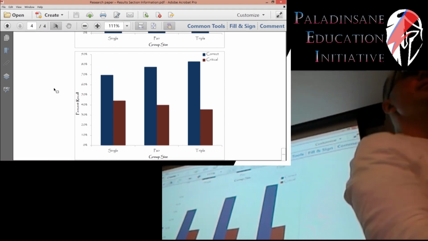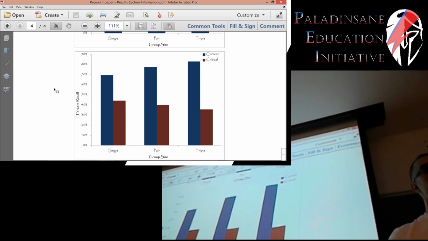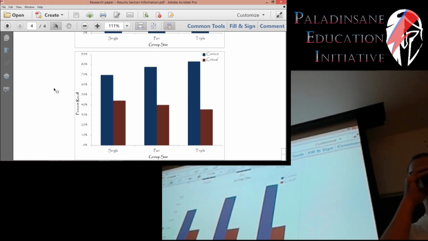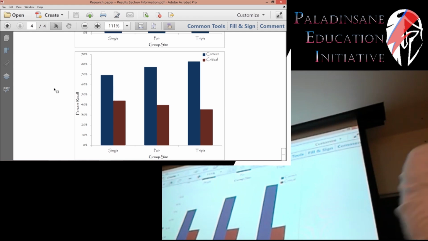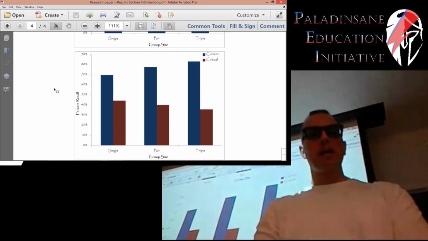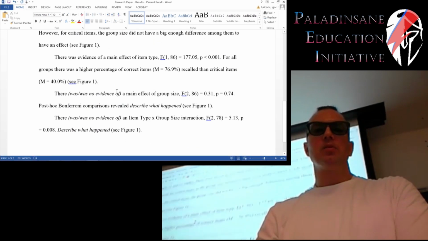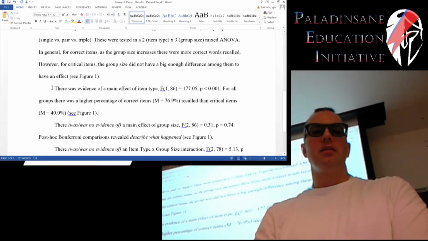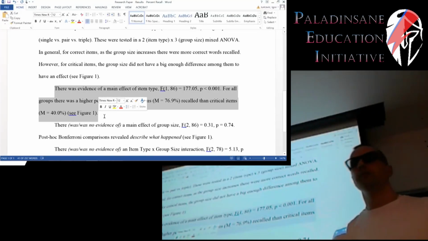Yep? That's for mean. Just double check. No, absolutely. That is something that, once again, P354. And also, this is one of the things that we can do here because the results section is so structured.